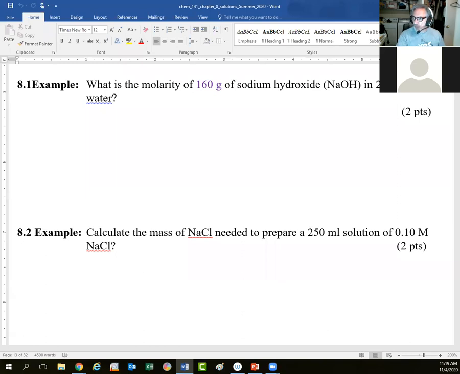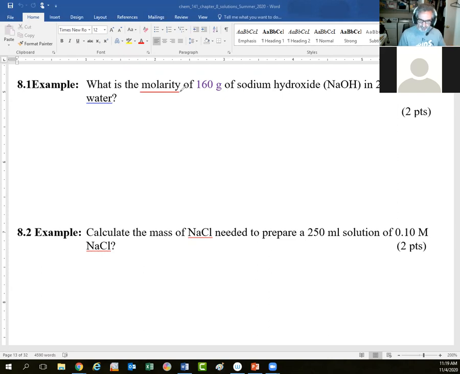Let's see where we were with these problems. So we've got 160 grams of sodium hydroxide, and that's going to be added to 2,000 milliliters of water. And we want to know the molarity of the solution.